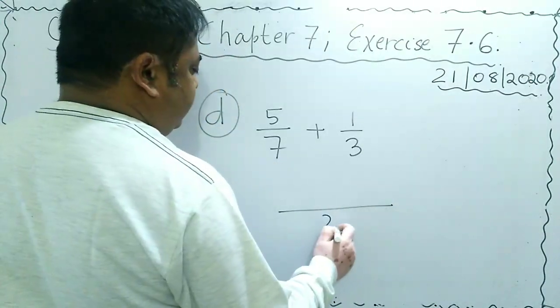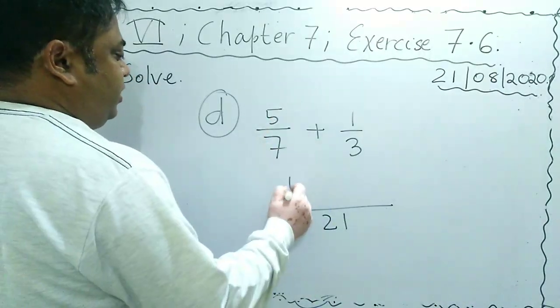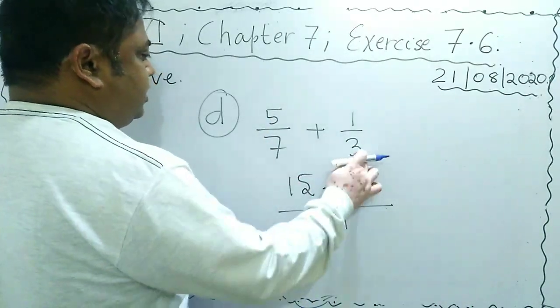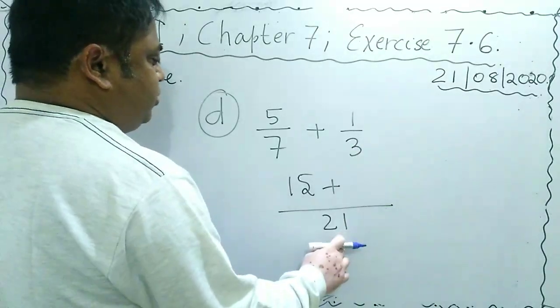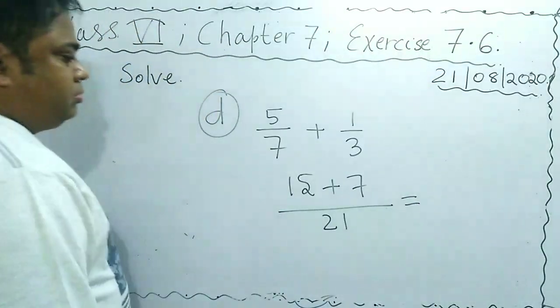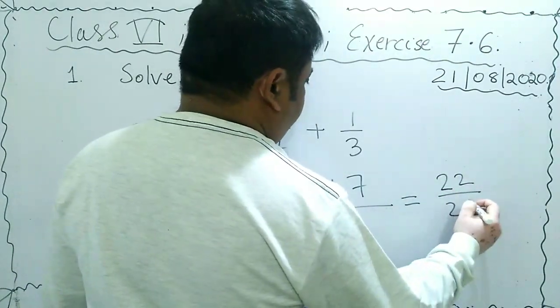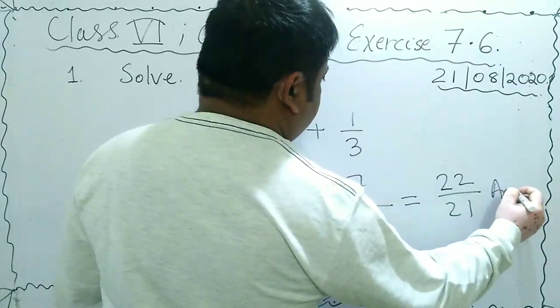LCM will be 21. So 7 3s are 21 and 3 5s are 15. Plus 3 7s are 21 and 7 1s are 7. It will be equal to 22 by 21. Answer.